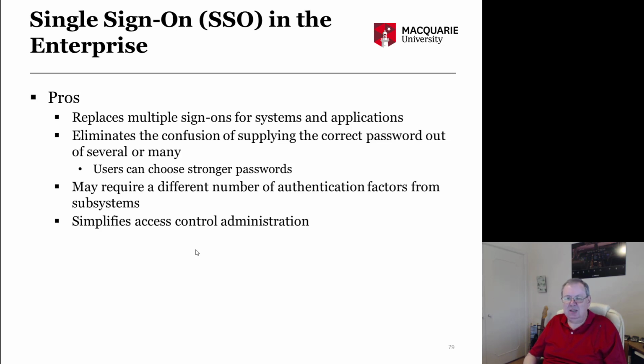We even in the past had things like Novell NetWare, which still lives on in many organizations, including Macquarie Uni. You'll often find that you have multiple different identities and maybe even different passwords on different systems for the same identity. That can make it really confusing for many people.